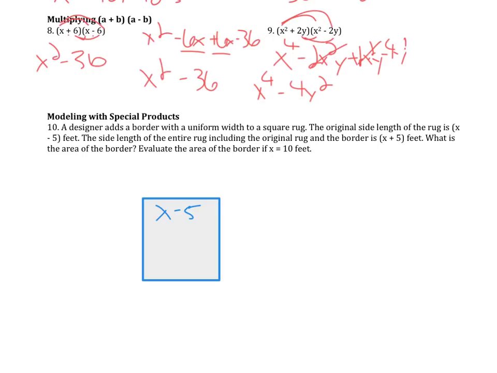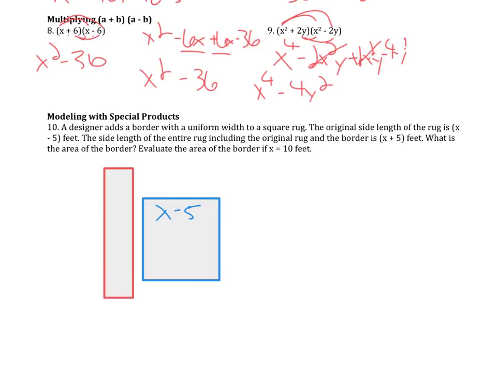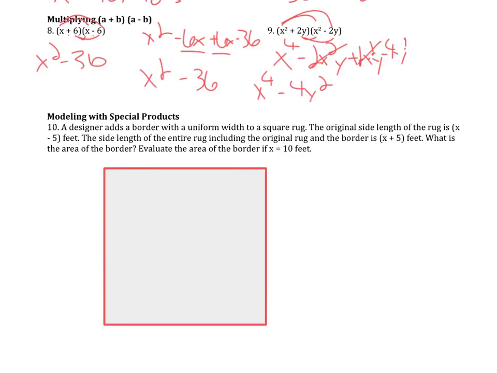Then we have our border that goes around it, which is x plus 5. We want the area of the border, so let's find the area of both.